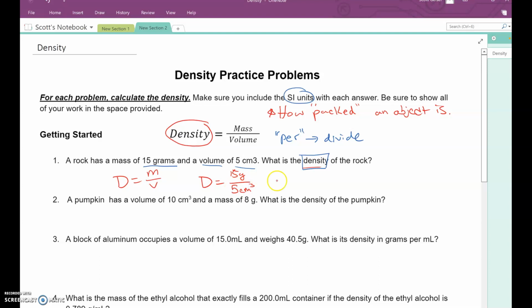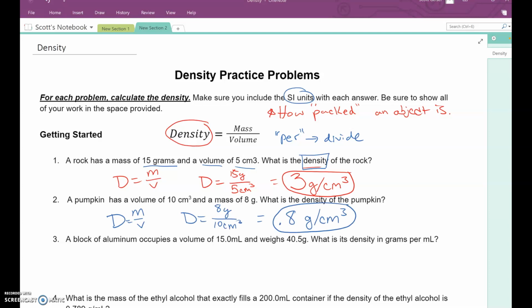All you have to do is divide those, and this would be 3. Since nothing crosses out, you have grams on the top. It's called grams per cubic centimeter is how you would read that. A lot of density problems have 2 units for that. Okay, go ahead and try the next one.